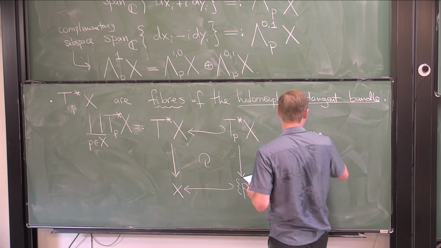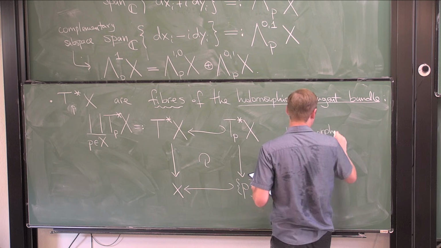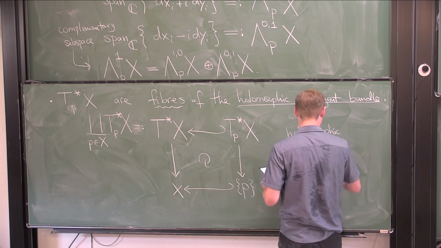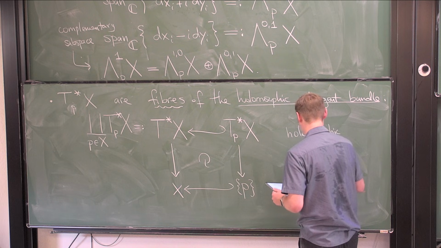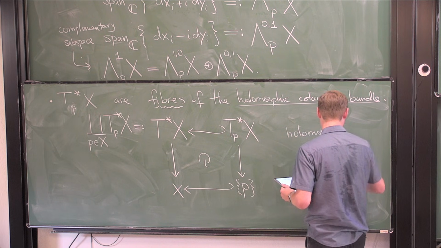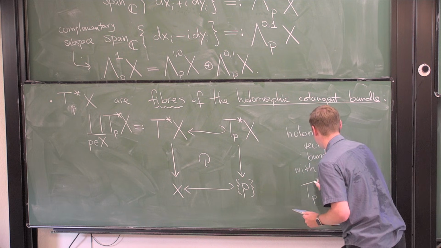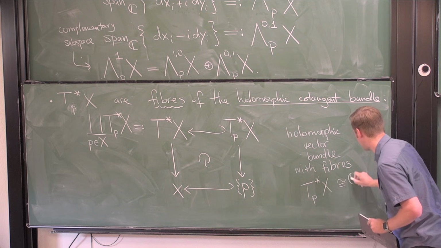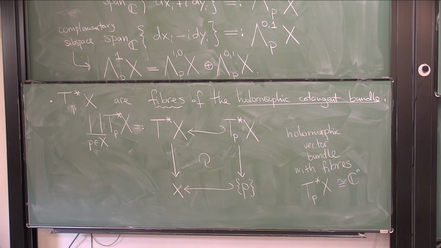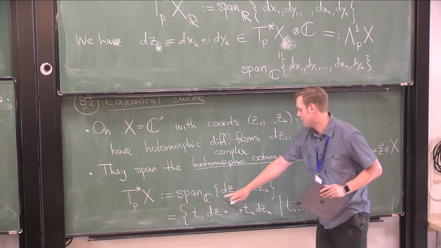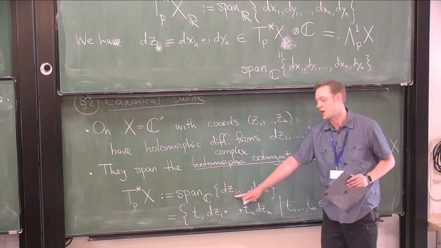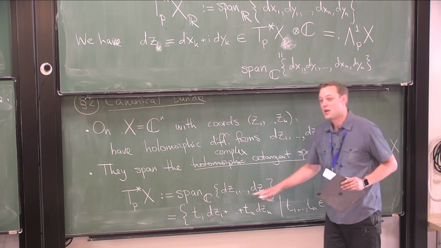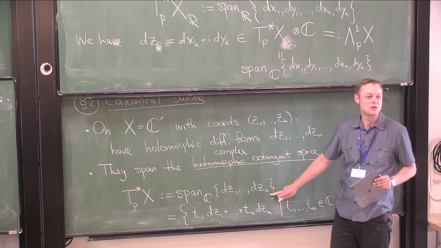This is a holomorphic vector bundle with fibers being the complex cotangent spaces, each one of which is isomorphic to C^n. Because if I just treat these as abstract vectors, I'm looking at a linear C-span of n vectors, so that's a complex n-dimensional vector space.